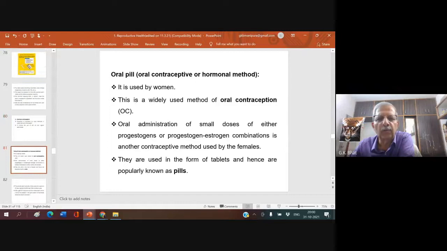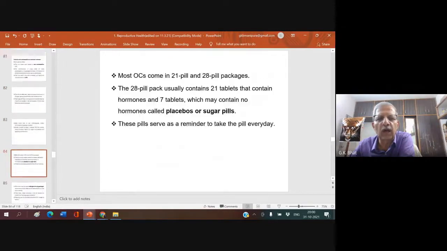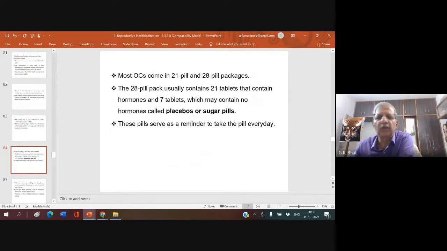Now looking into the chemical contraception, oral pill and all. I have told you about the oral pill. Please remember, nowadays oral pills are available in two forms, 21 pill and 28 pill. In this 28-day pill, 7 pills are simple tablets without any hormone, and they are known as placebos or sugar pills. Why is it so used?